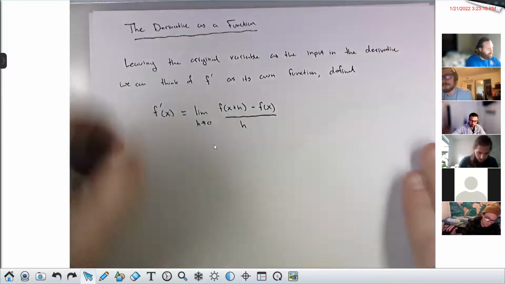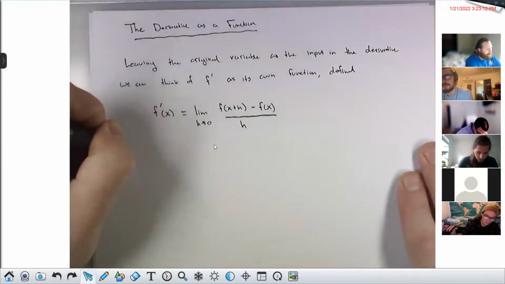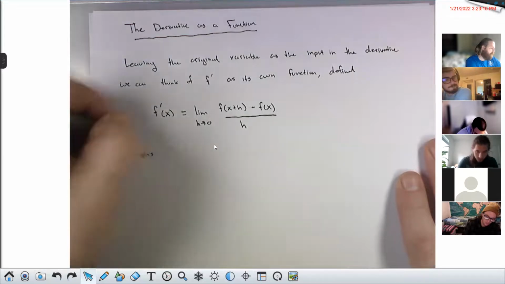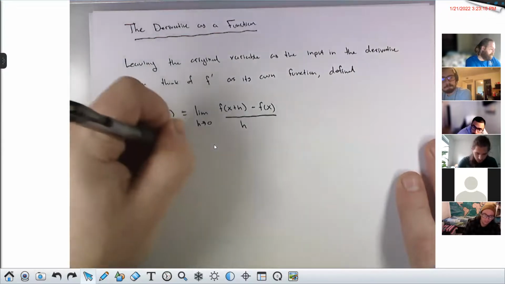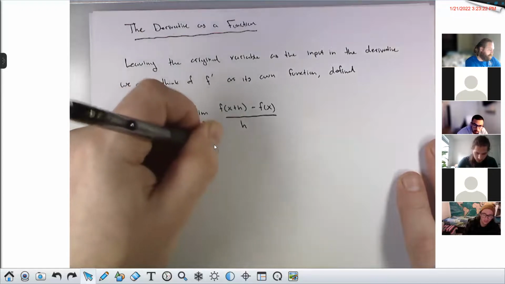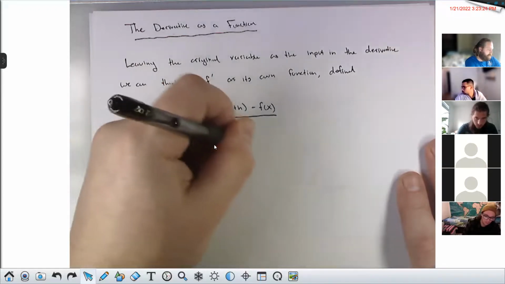The main thing we want to look at here is the graph of f prime of x with f of x.